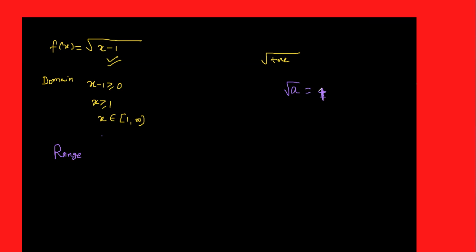So you will get any real number with positive sign. So this is range and this is domain. What is domain? You can put only 1 to infinity. You can never put any negative number. Understood? So note down this also.